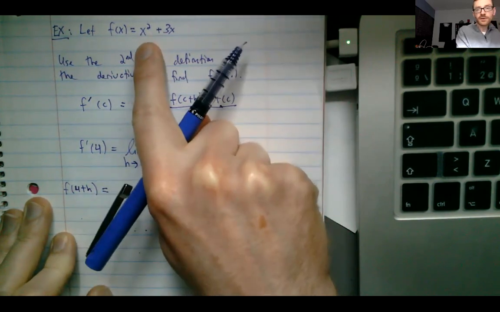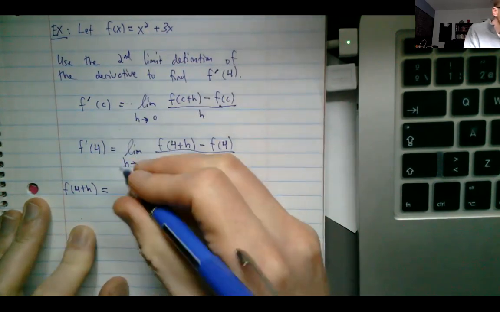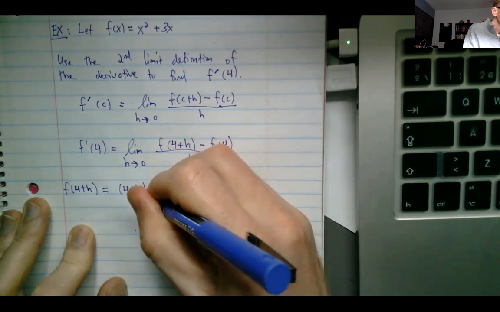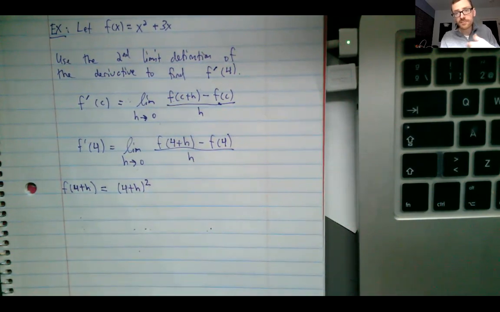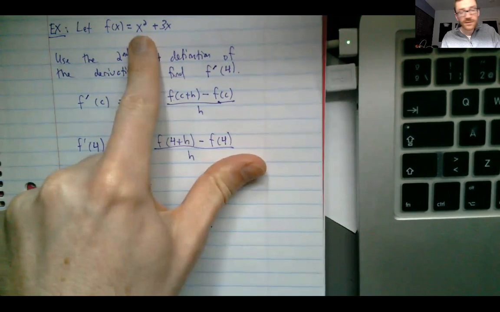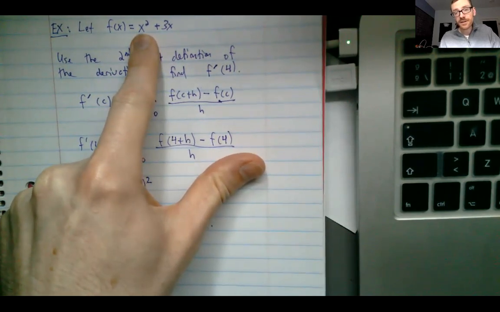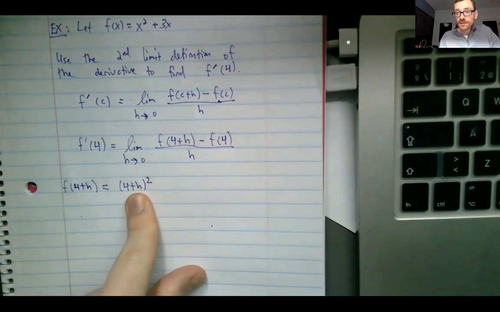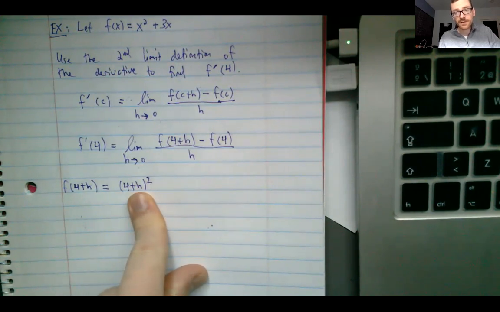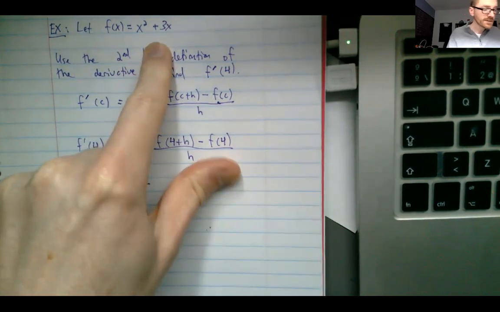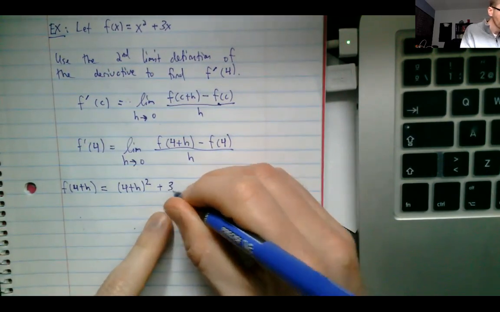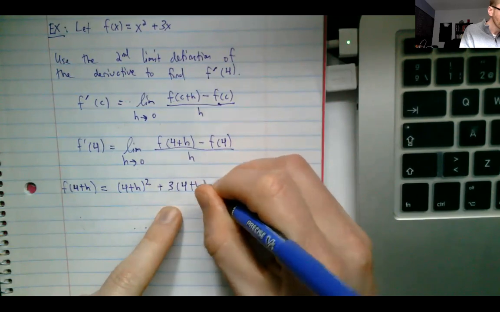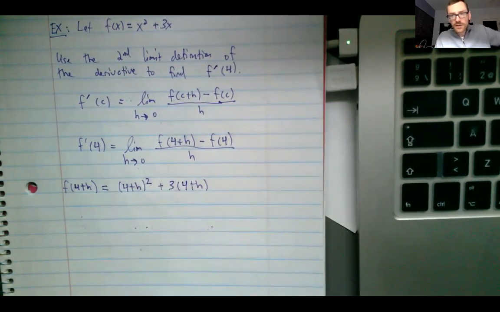So first you have x squared, okay? That means that you need 4 plus h squared. And notice that I've put the 4 plus h in parentheses. That's because if I'm replacing x with 4 plus h, and x is squared in the original formula, that means that all of 4 plus h needs to be squared. And then plus 3x, but I'm replacing the x with the 4 plus h. And notice again, I put the 4 plus h in parentheses.